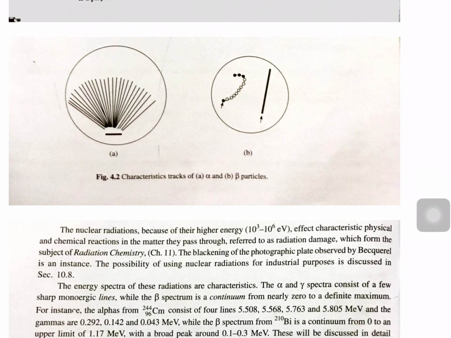The nuclear radiations, because of their higher energy, 10^3 to 10^6 electron volts, affect physical and chemical reactions in the matter they pass through, referred to as radiation damage, which forms the subject of radiation chemistry.